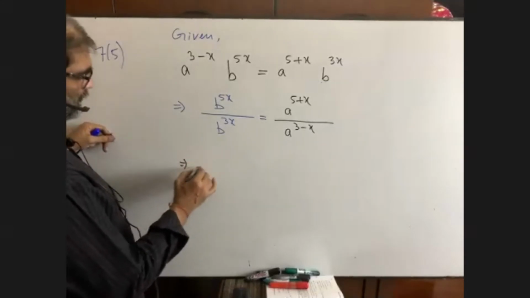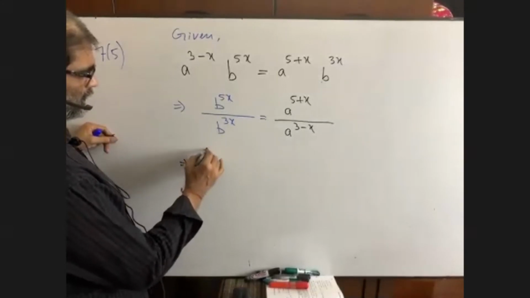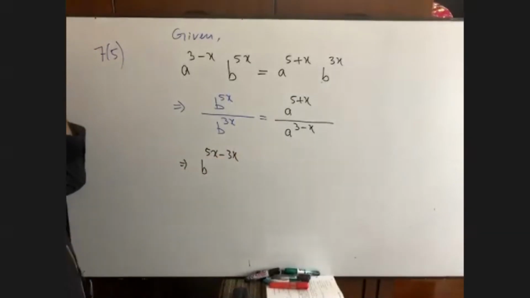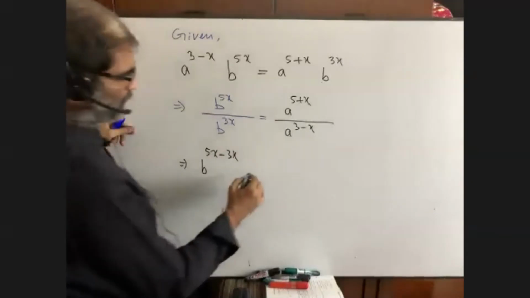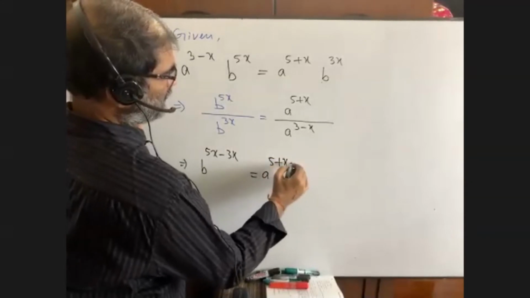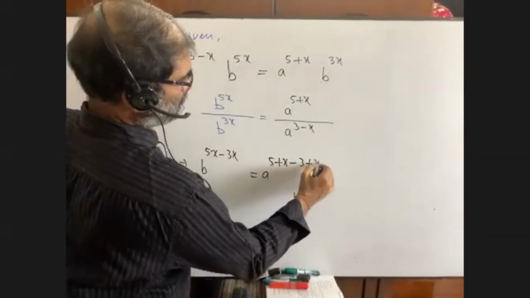Not a matter. So B to the power 5x minus 3x, powers are subtracted during division, is equal to A to the power 5 plus x minus 3 plus x.